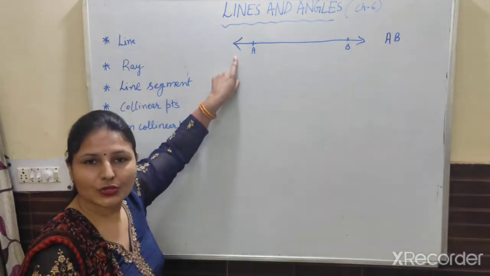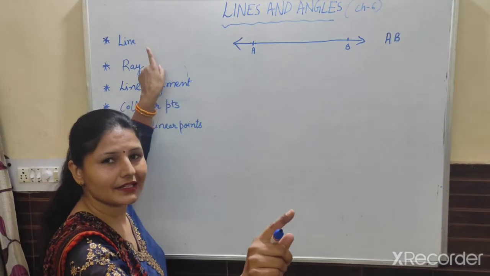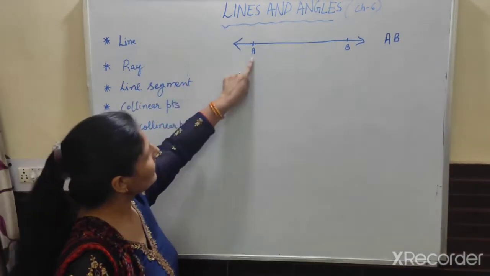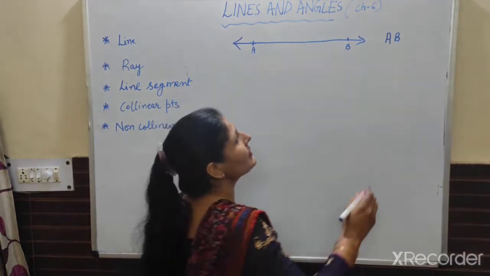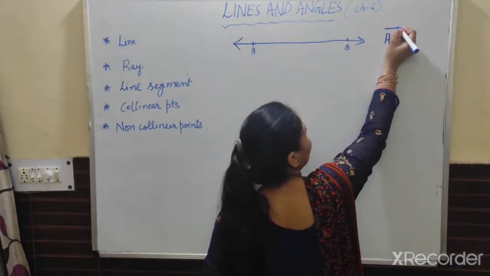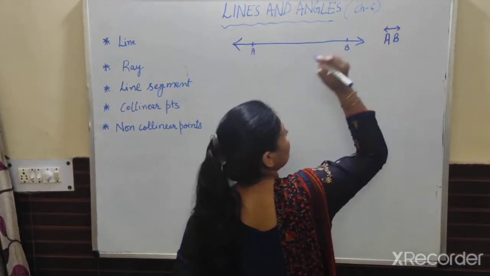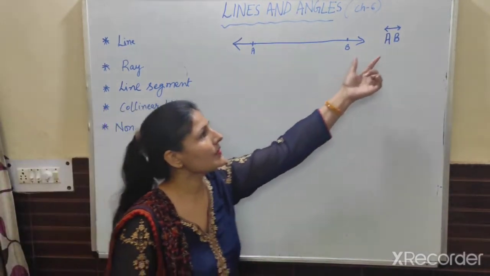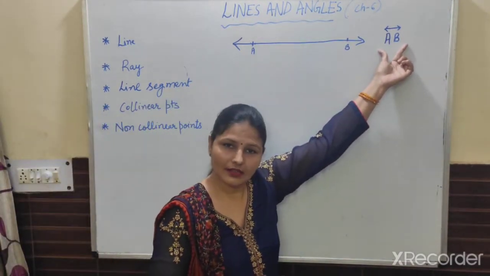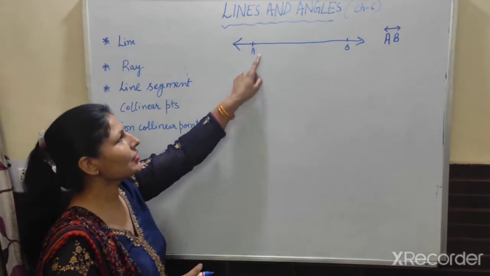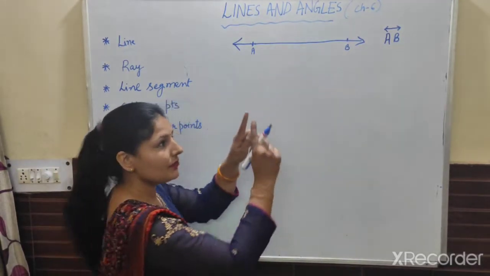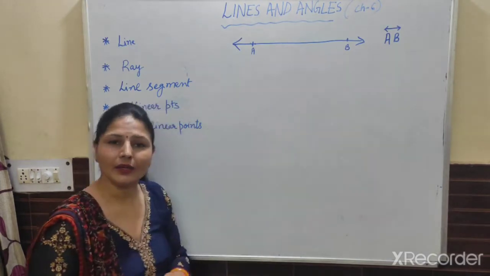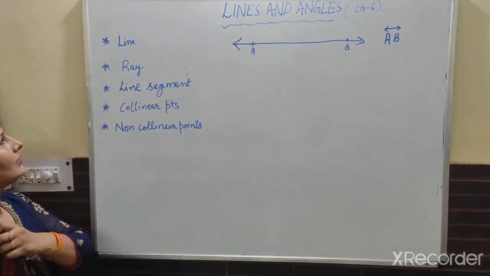This arrow shows it can be extended infinitely in this direction or in that direction also. So it is represented by this AB. It shows AB is a line. It is a collection of points along a straight path which can be extended in both the directions.